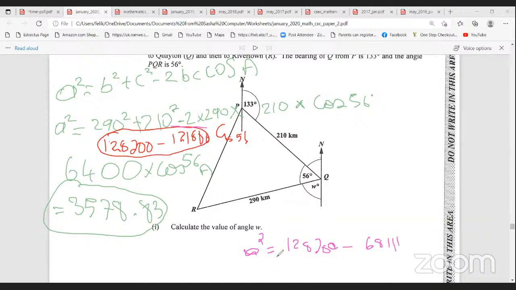All right, so we have a square equal that. We do our subtraction. 128,200 minus 68,111.